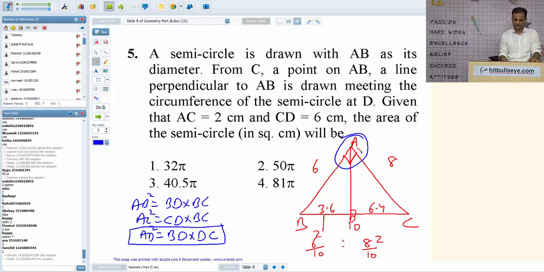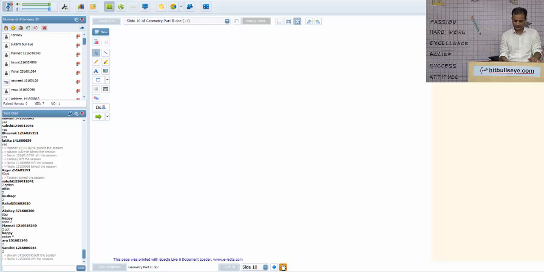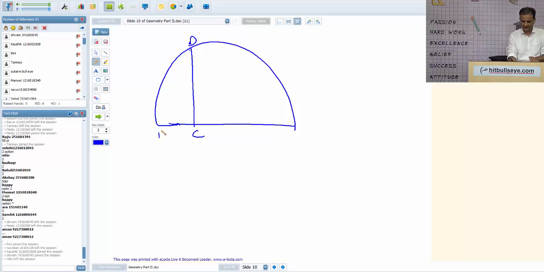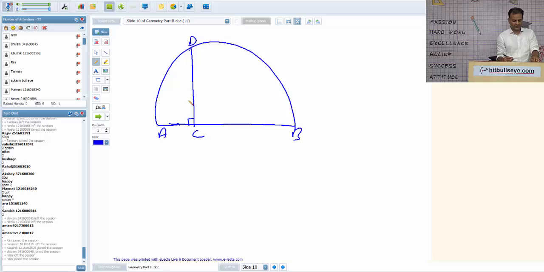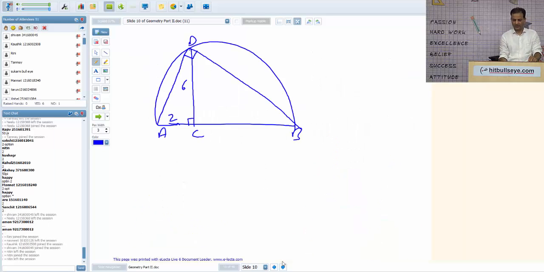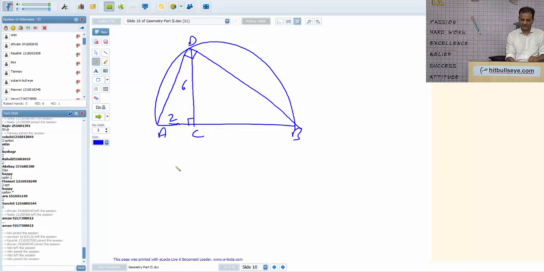Now come to this question. AC is given on the semicircle. This is the semicircle, with points D, C, A, B. From here a perpendicular is drawn. Now, friends, the angle made in a semicircle, if I make an angle here, this will be 90 degrees, because AB is the diameter. Here AC is given as 2, and CD is given as 6.